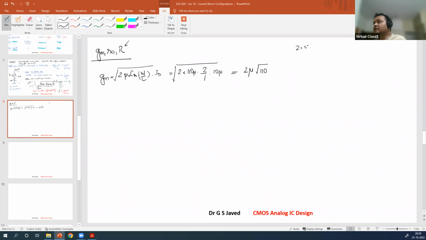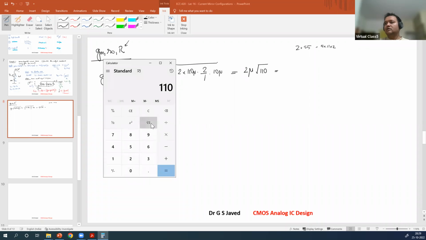So how do you compute root 110? 2 times 55? 55 will be given as 5 times 11 times 2. Now you do not have a number which is equivalent. So we need to find out what is root 110. I will try and bring up the calculator.